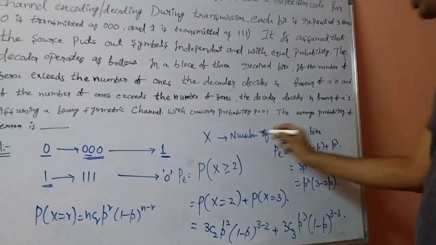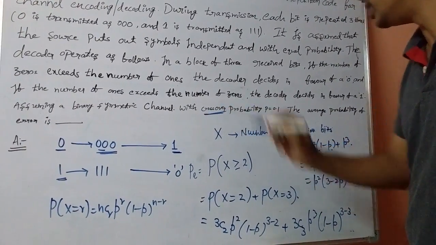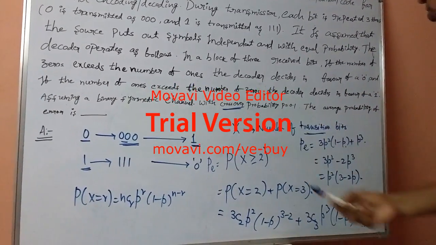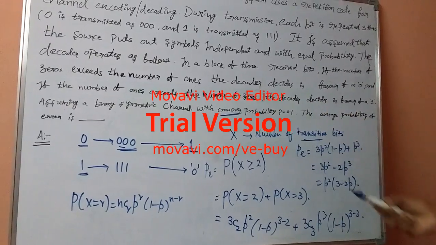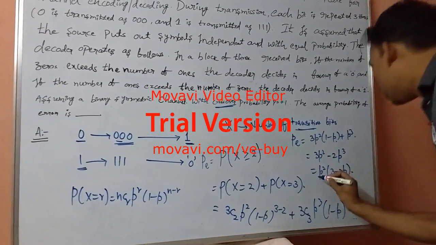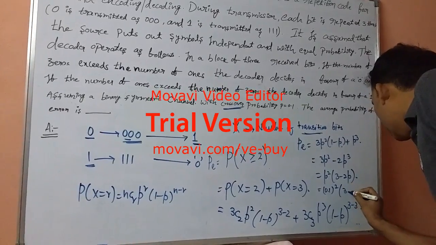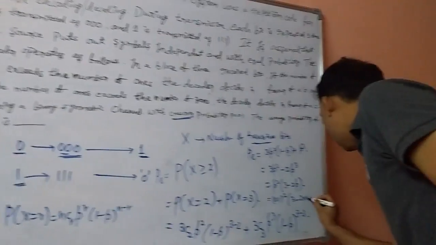Here the transition probability is nothing but the crossover probability. It is one name, another name of the transition is crossover. So the crossover probability p equal to 0.1. So substituting the p value here, 0.1 whole square into (3 minus 2 into 0.1).